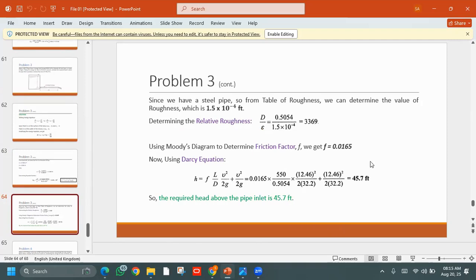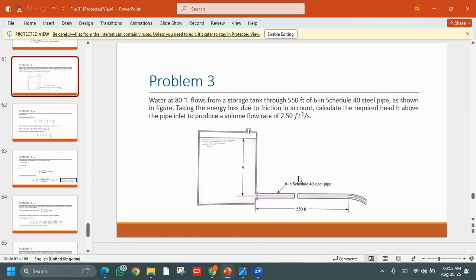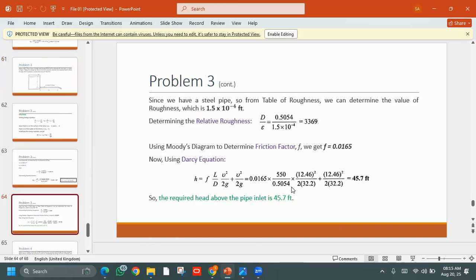So the head required between point A and point B is 45.7 feet. That's how we can calculate the head between any two points by using the Darcy equation and the concept of relative roughness and Moody diagram.